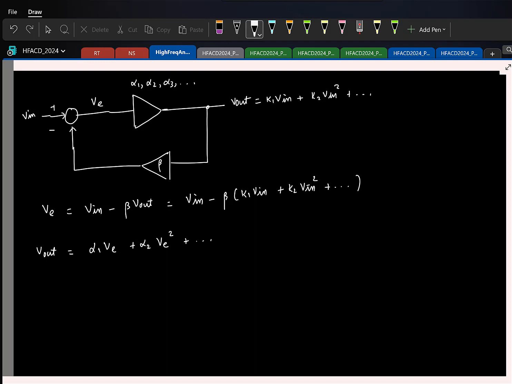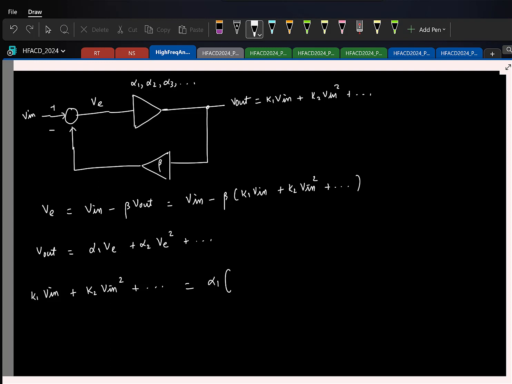My final goal is to find these coefficients k1, k2, k3. So I'll replace both the left hand side and right hand side with these expressions. I know V out is k1 V in plus k2 V in square plus so on. This is equal to alpha 1 times the error signal, and the error signal is this, so I'll just replace it.